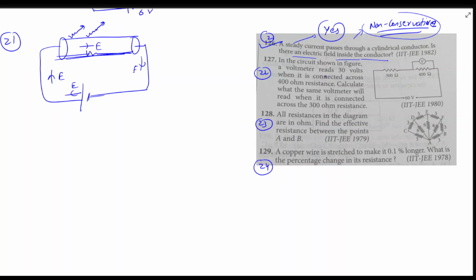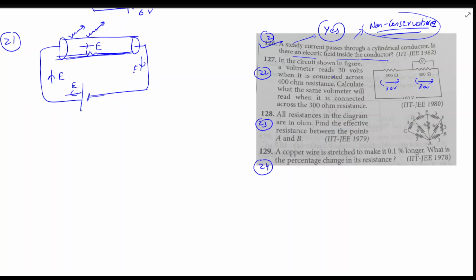Next, in this circuit, this is 300. The voltmeter reads 30 volt here. So another 30 volt should drop here, right? Calculate what the same voltmeter will read if it is connected to 300. So this is quite easy, right?